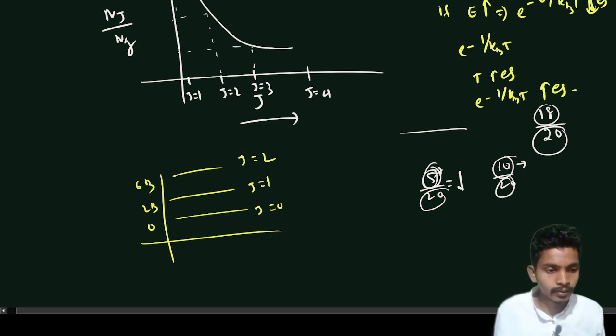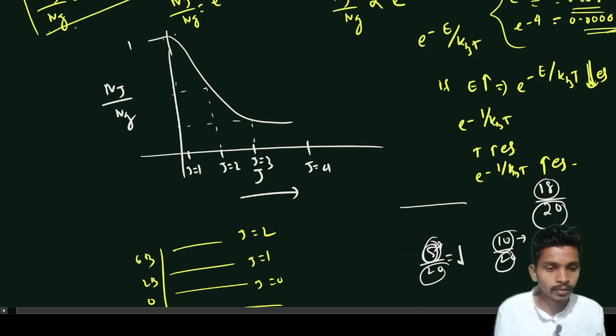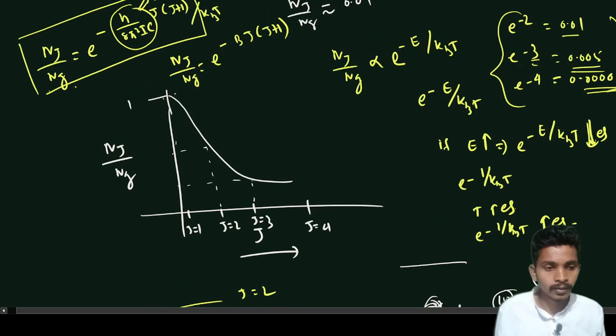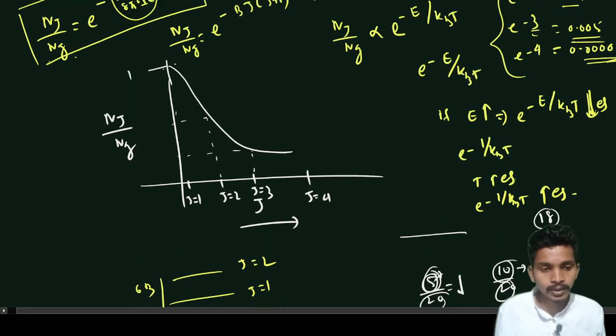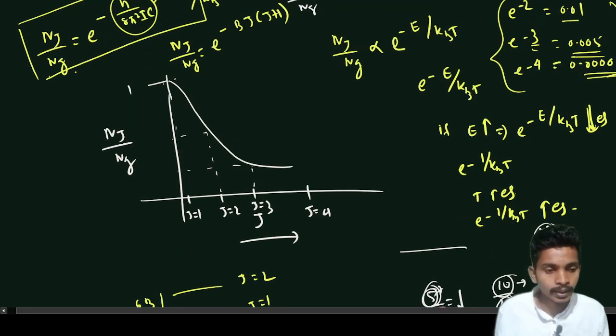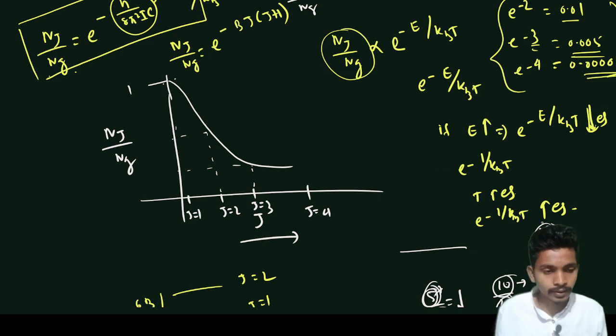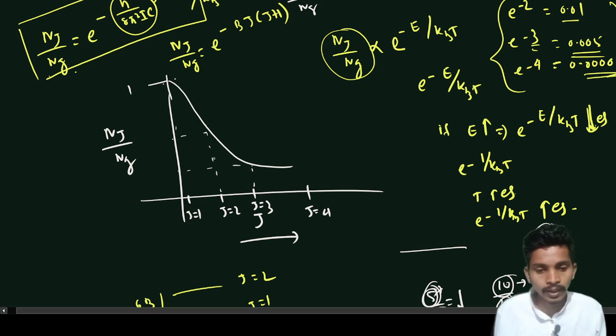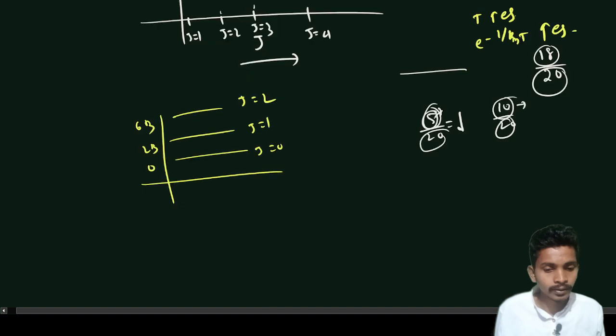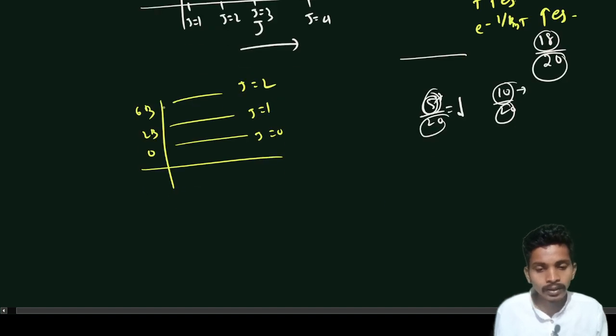Whenever energy increases, this ratio decreases, so if we go to higher energy, the population decreases.